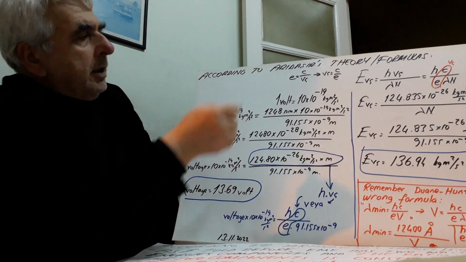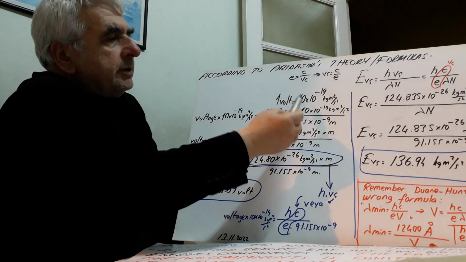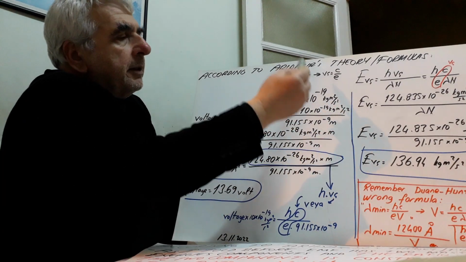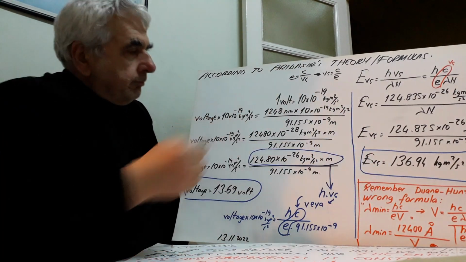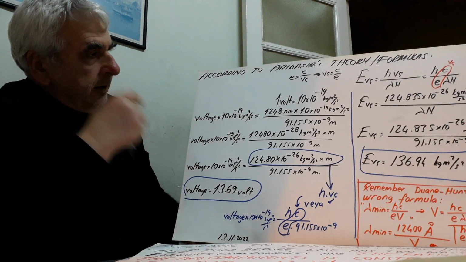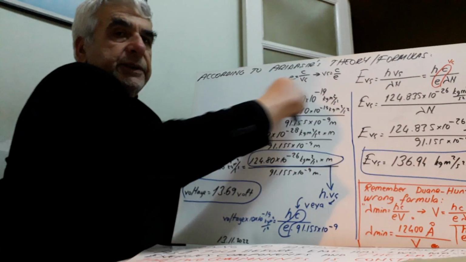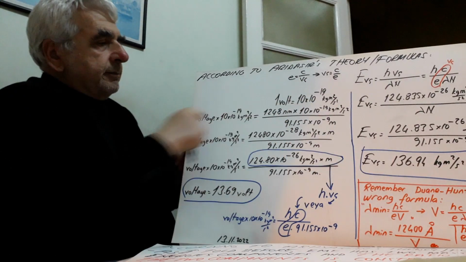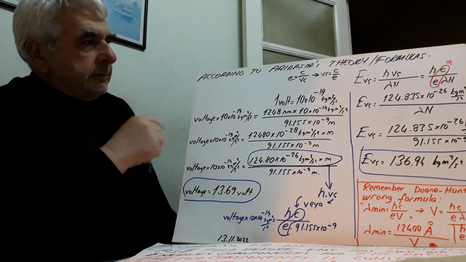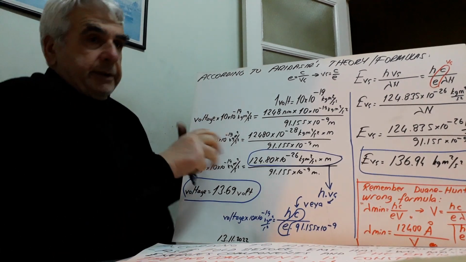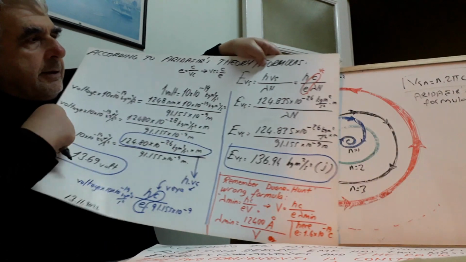Here, 1 volt is equal to 10 to the minus 19 joule. If we put this value two sides, yes. Before this, look at that.